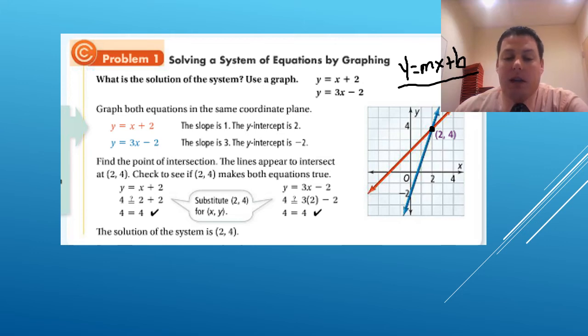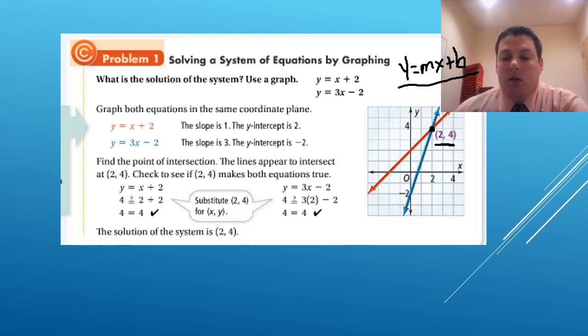And then they have you do a quick check. What this means is that 2, 4 should be a solution for both of these lines. If they both intersect at that point, that means they both existed at that point, which means this point should be a solution to both lines.